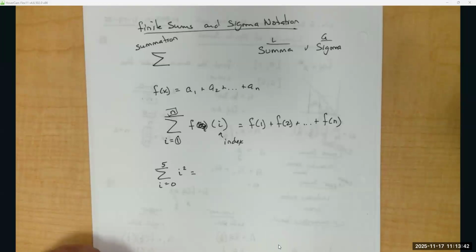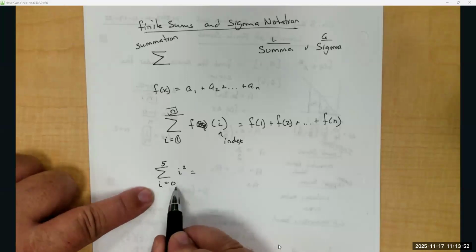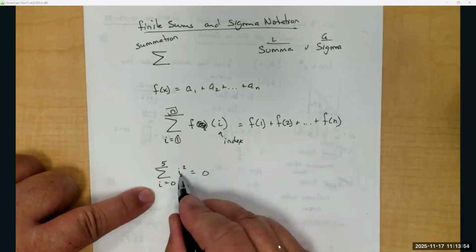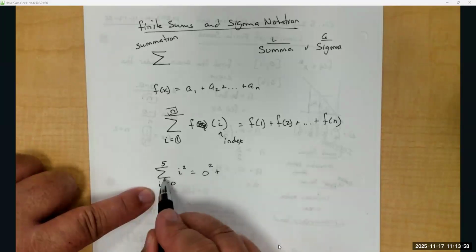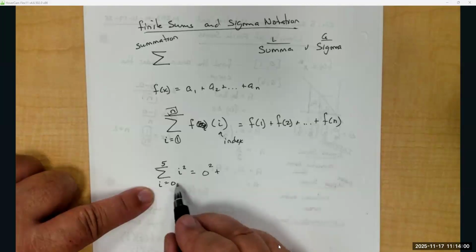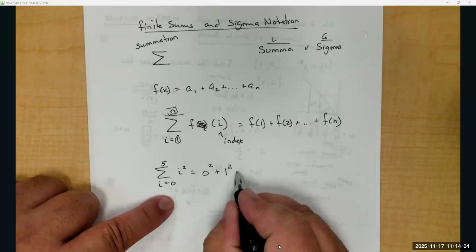Let's work this one out. What would I write first? What would this represent? So what's my first I? In place of I I put 0 squared. And since it's a summation symbol, I add the next one. What's the next index? 1 squared.